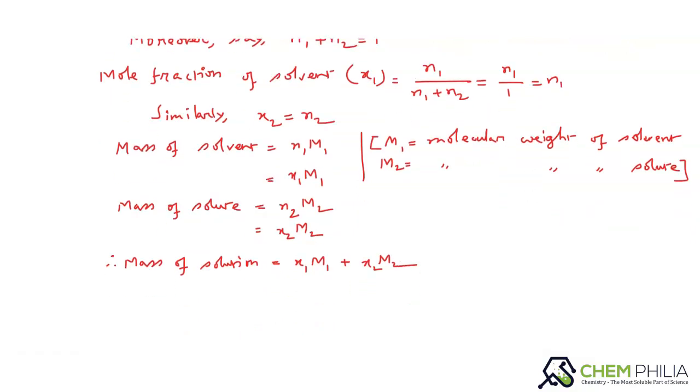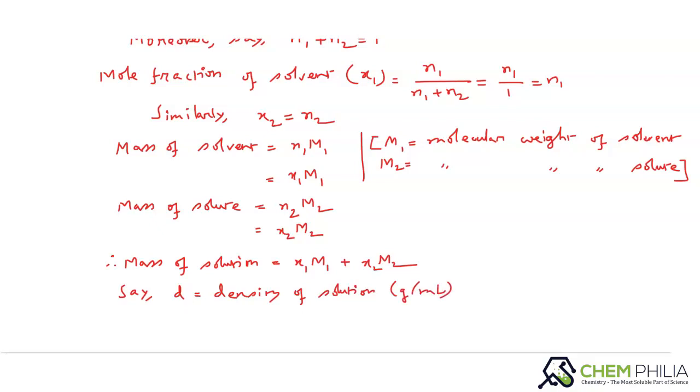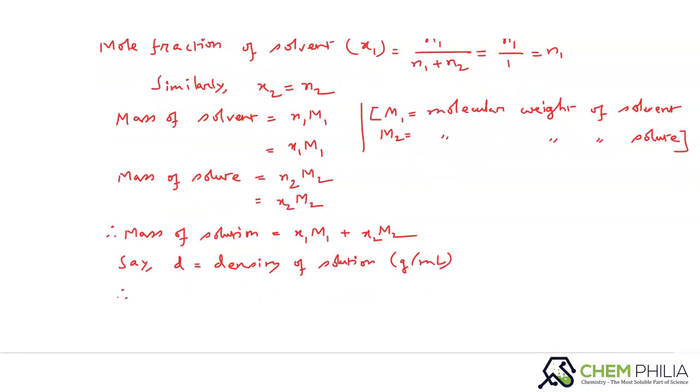Say D is equal to the density of solution. Obviously the unit is gram per ml. Therefore the volume of solution is equal to mass by density.